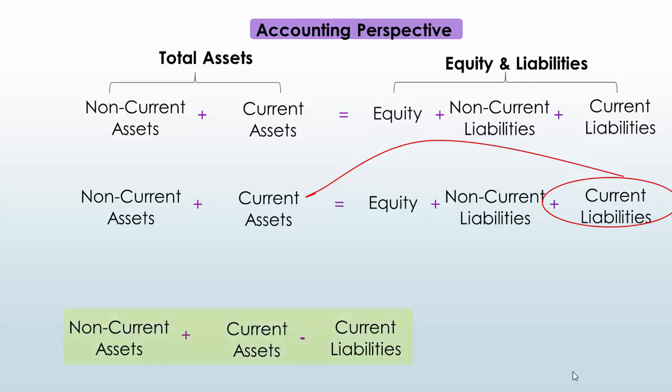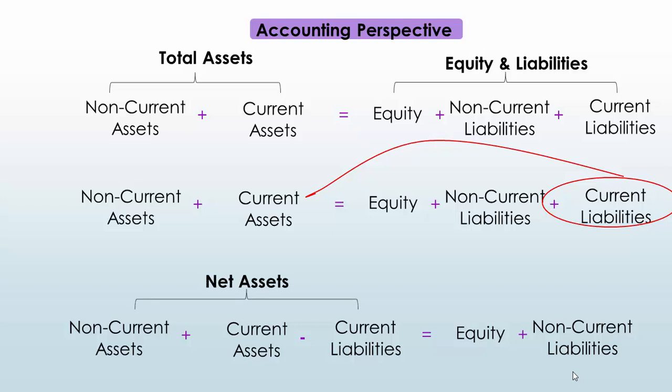And therefore one side of the balance sheet would look like this: non-current assets plus current assets minus your current liabilities, and that would equal your equity and your non-current liabilities, what we've got left on the right hand side. Mathematically, these two things are exactly the same. They will balance, but on a different number.